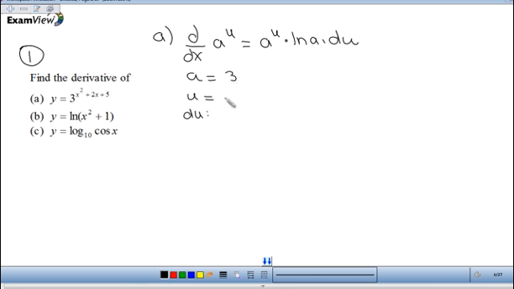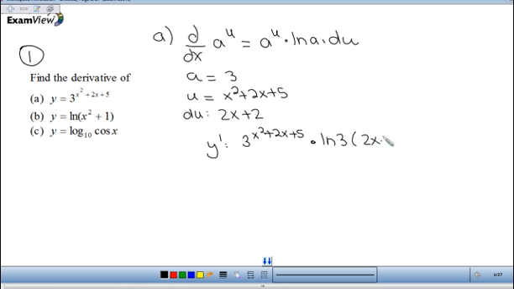So a is 3, u is x squared plus 2x plus 5, and du would be 2x plus 2. So the derivative is going to be 3 to the x squared plus 2x plus 5 times ln of 3 times the derivative of u.